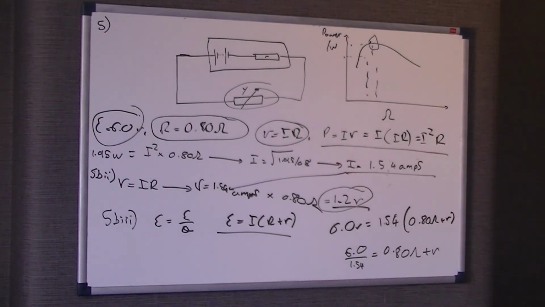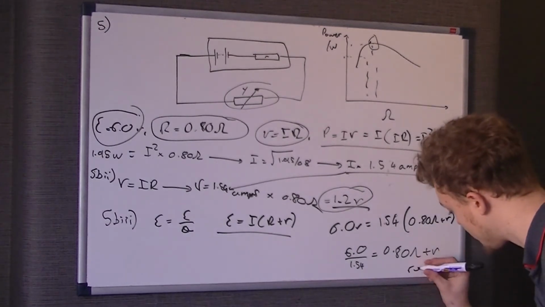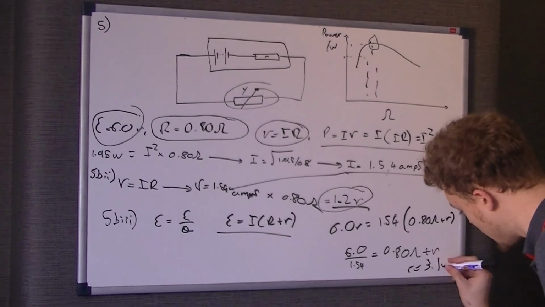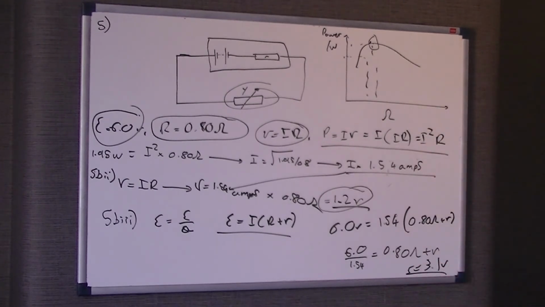So you rearrange that to get r as being 3.846 take 0.8, which gets you r to be 3.1. Okay, so that's the internal resistance of 3.1 volts, which seems a lot, but it's not in comparison to the other part.